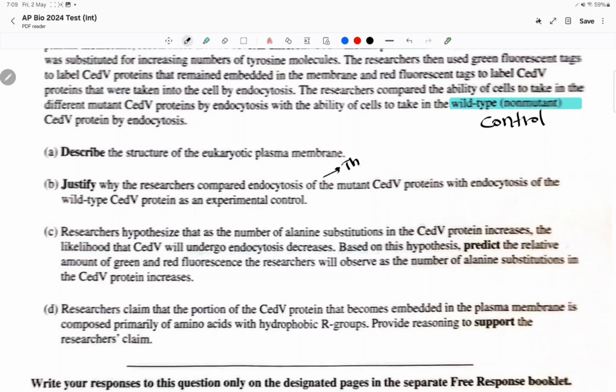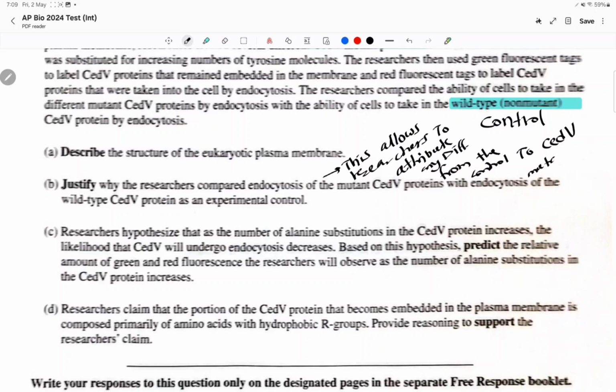So this allows the researchers to attribute any differences from the control to the SETV mutant proteins. Okay.